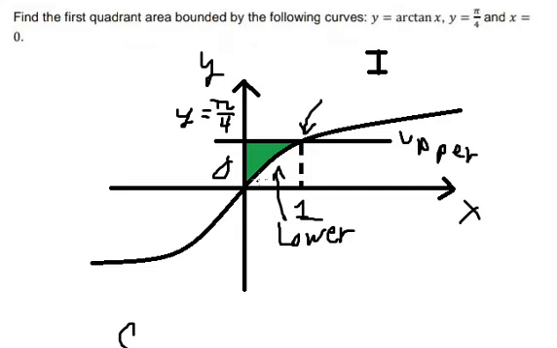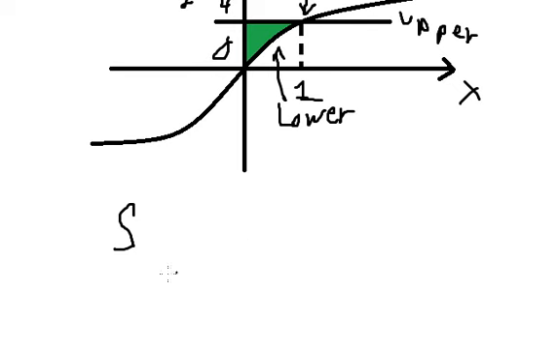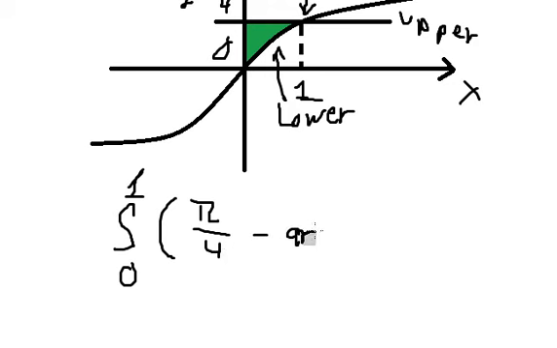We start from 0 in here to 1. Upper is π/4, and lower is arctan of x, dx. And this is the area.